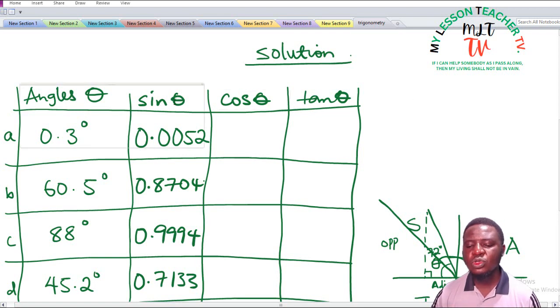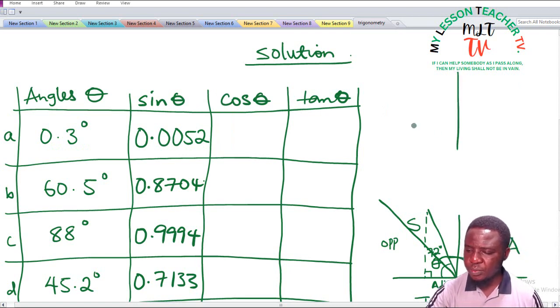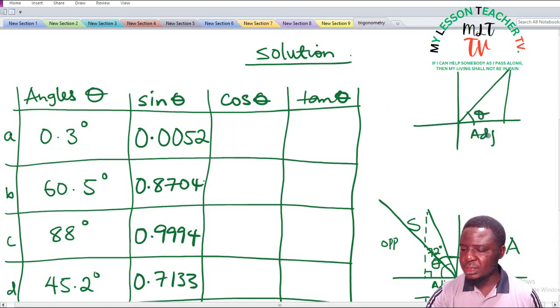Cos theta, we are going to use the cos table, no longer the sine table, because cos theta is said to be the ratio of the adjacent side to the hypotenuse.